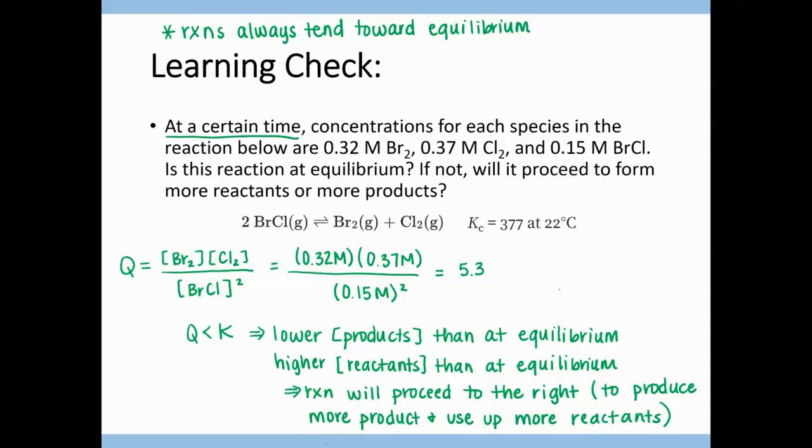So if Q is greater than K, then it would lie to the left, because that would mean it has more products than at equilibrium, so it would need to proceed left to use up the products. If Q is equal to K, then we know it's at equilibrium. But if Q is not equal to K, it's not at equilibrium. The reaction will either produce more product or more reactant to reach equilibrium. Other questions?